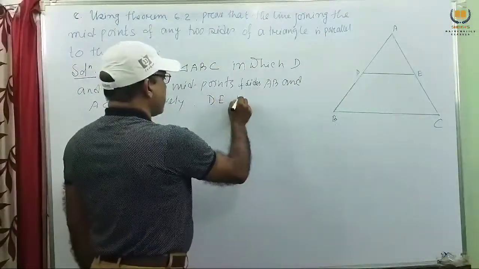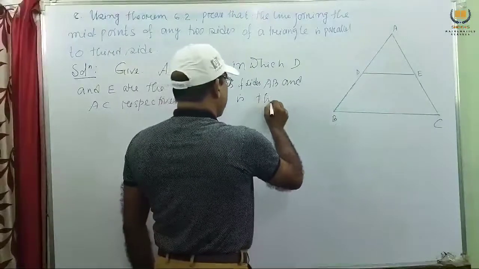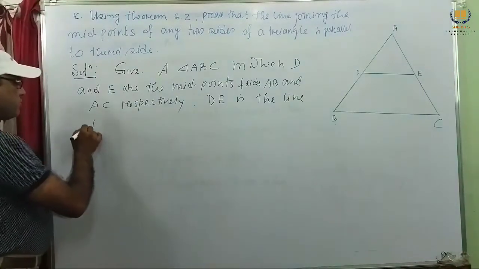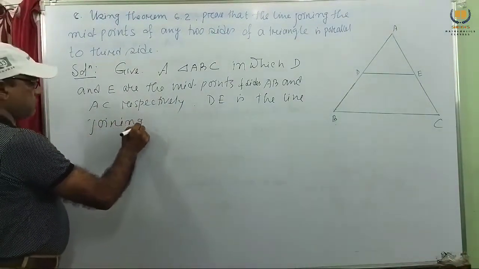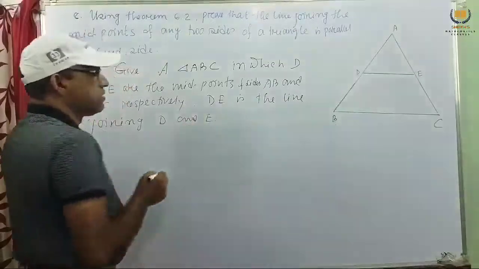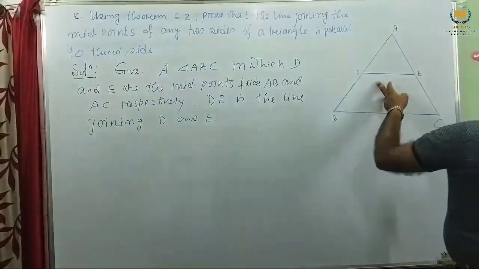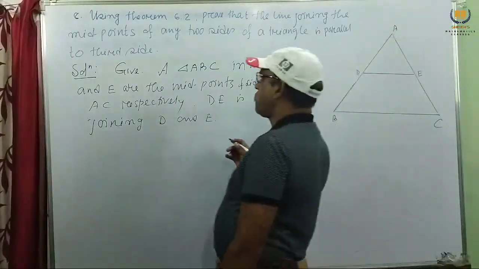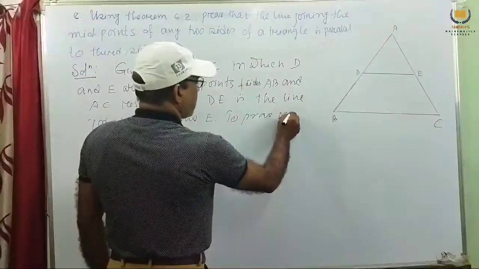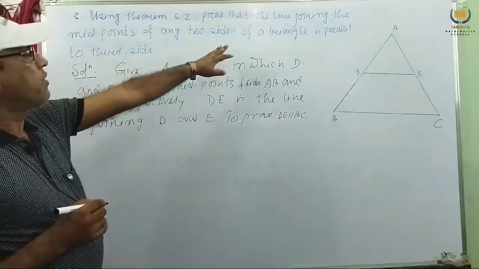Now DE is the line joining D and E. So DE is the line joining D and E. To prove DE parallel BC, we have to prove that DE of a triangle is parallel to the side.